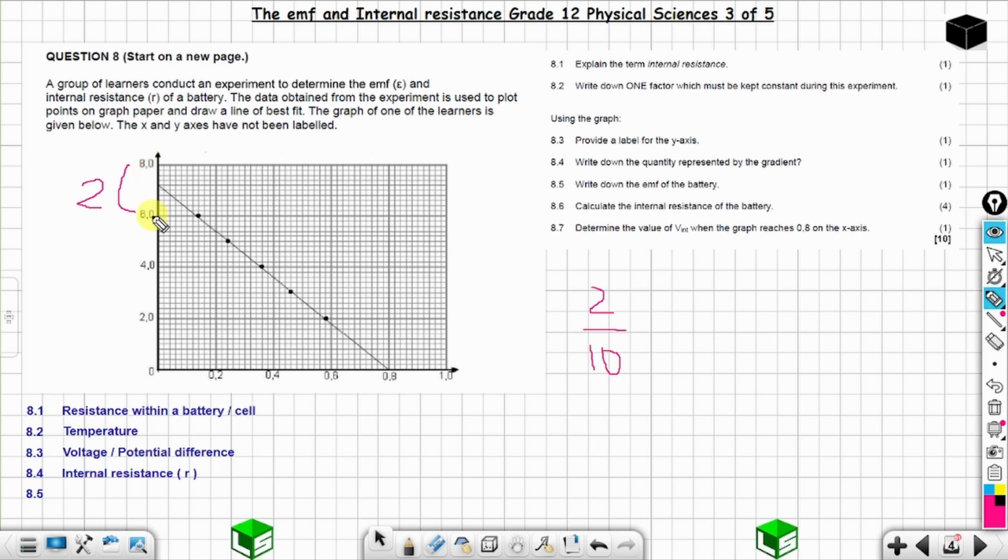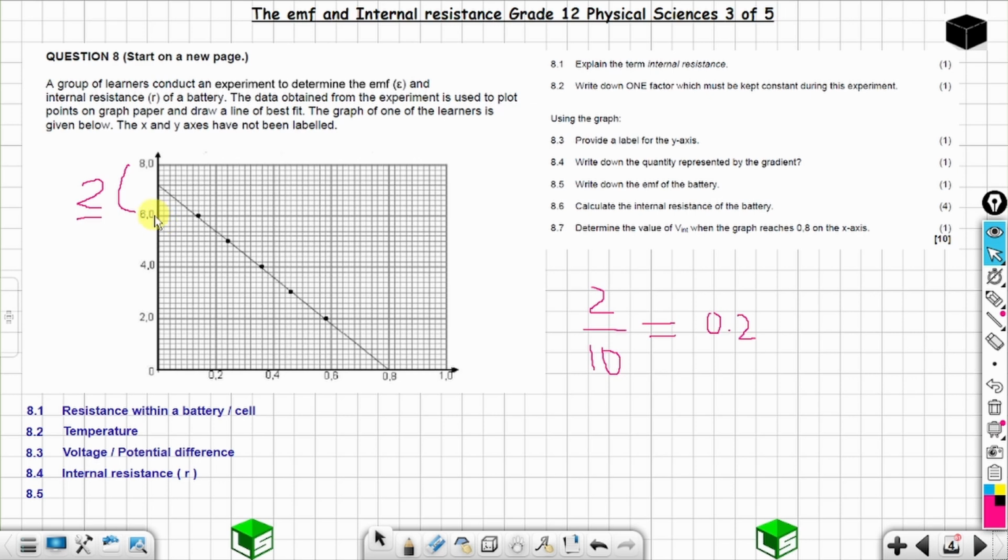The difference between 6 and 8 is 2. So you have 2 divided by 10 squares. This is equal to 0.2. So each square represents 0.2. Now you have to read.